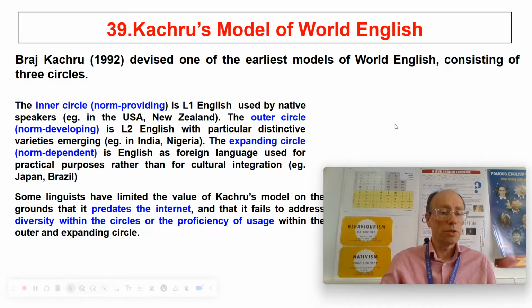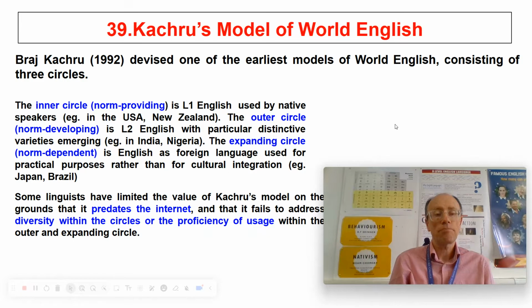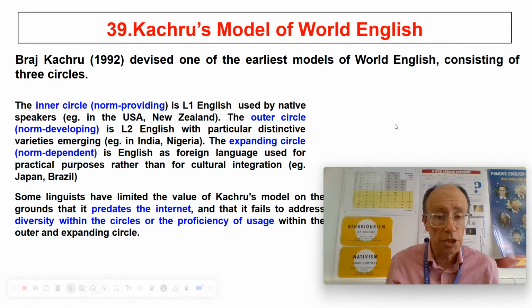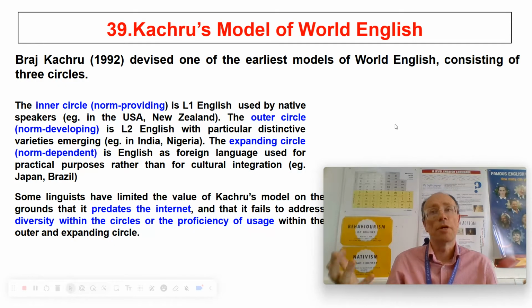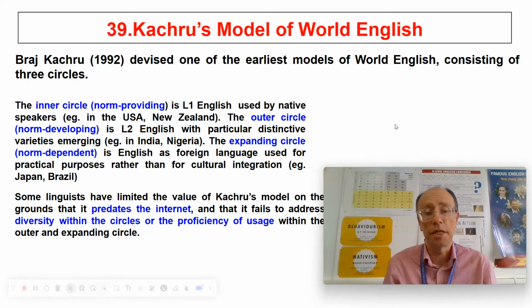Now, of course, linguists have criticised Kachru's model over the years. Obviously, being 1992, it predates the internet, and so what you could argue is that the internet has changed everything in terms of language, because people are much more exposed to forms of English across the world now than they ever were pre-internet.